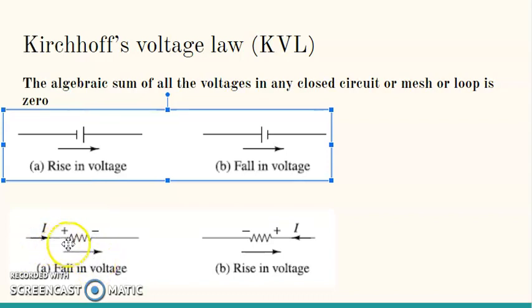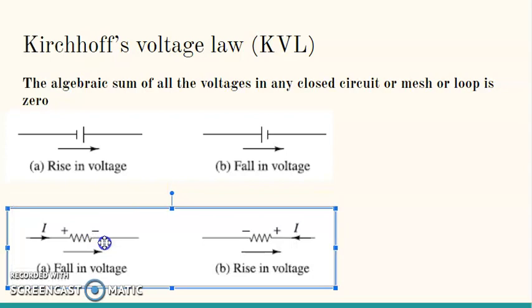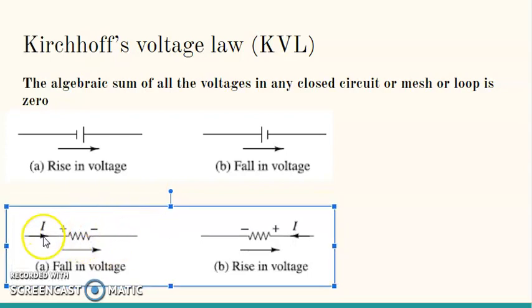In that branch, wherever the current is entering the component, that point is always taken as positive, and the point where the current is leaving is always taken as negative. As we can see in figure B, the current is entering from right to left. So at the right side the positive sign is given, whereas on the left side the negative sign is given. These signs are drawn according to the direction of current entering that component.